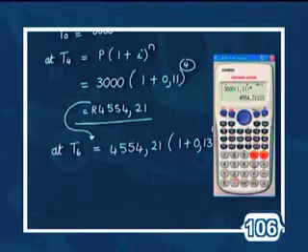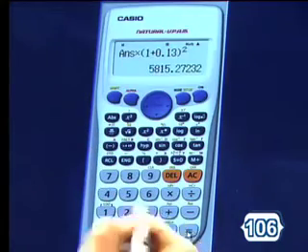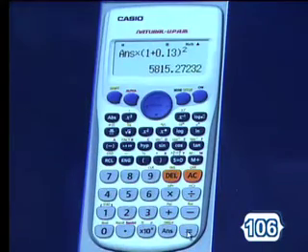So we're going to take that amount and we're going to times it by 1 plus 0.13. And of course, now we need to square. So of course, we can use our x squared, or we can use that same button and put in the 2 ourselves. I'm lazy, so I'm going to get x squared, and that gives me an amount of 5815.27.